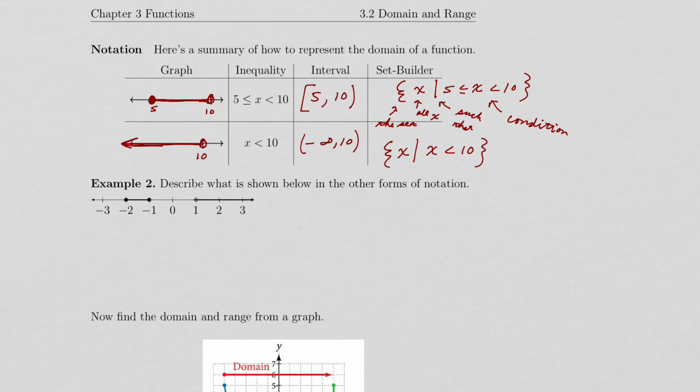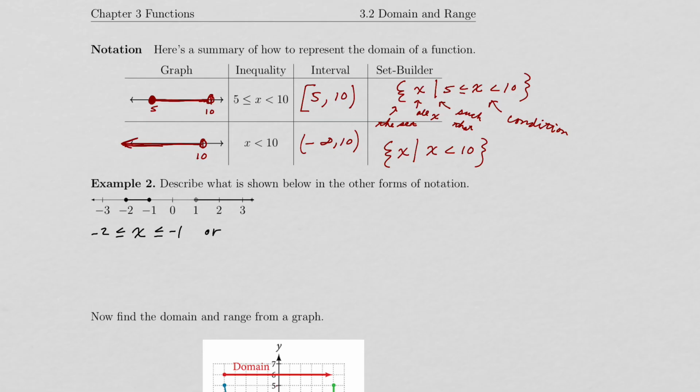If you look at this piece right here, it's saying X is greater than or equal to negative 2, because it's a filled-in circle, and less than or equal to negative 1. So X is greater than or equal to negative 2, and then less than or equal to negative 1.